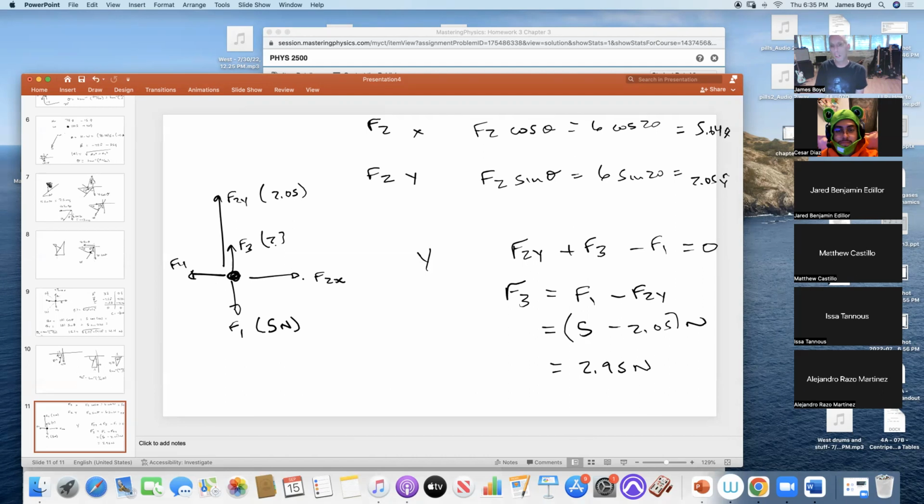F4 is the opposite of F2. So F2x minus F4. Note, F2x is in the positive direction, F4 is in the negative, so it gets a negative sign. That is equal to 0. Add F4 to both sides, and you get F4 is equal to F2x, which is 5.64 x hat.